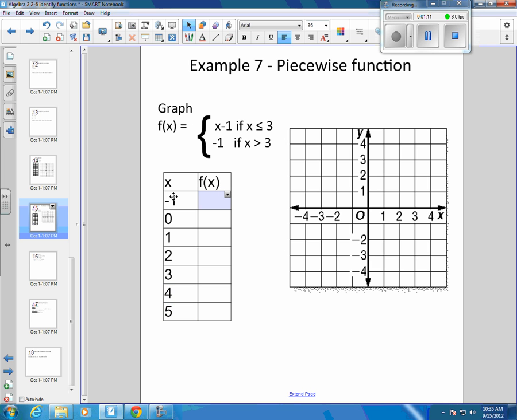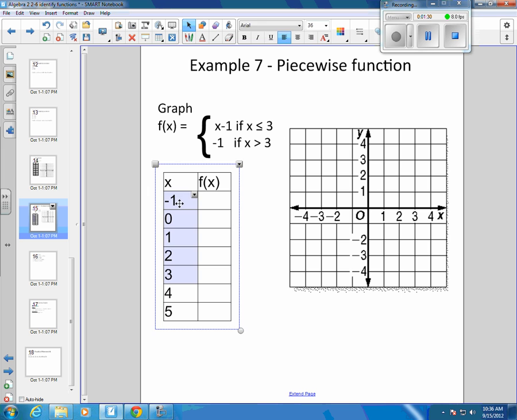So if x is less than or equal to 3, that's everything from here down to there, and those are all the ones less than or equal to 3. In those cases, I want x minus 1.